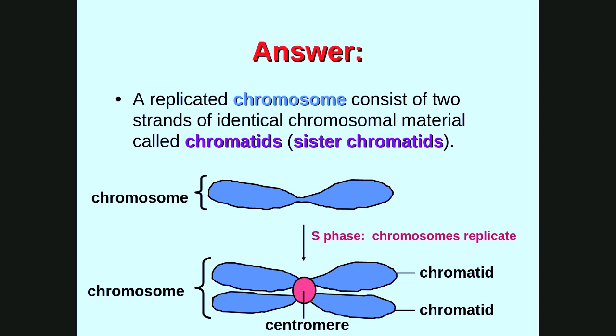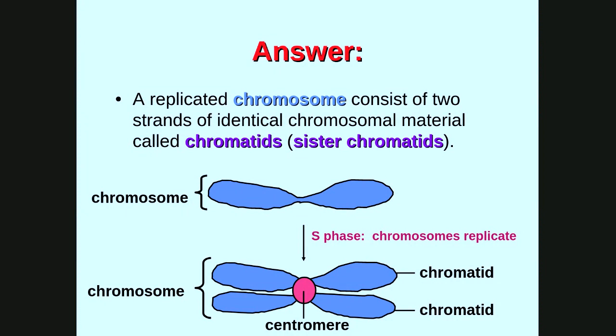Now we can say that this is the replicated chromosome, and this is also the chromosome, but this one is a chromatid and this one is also a chromatid. This single whole part will be known as a chromatid. So both chromatids will be called the sister chromatids.